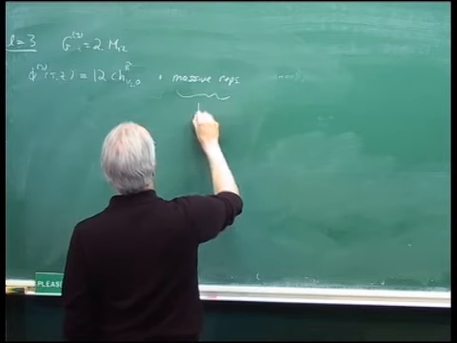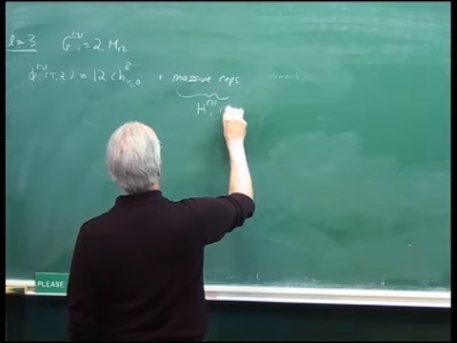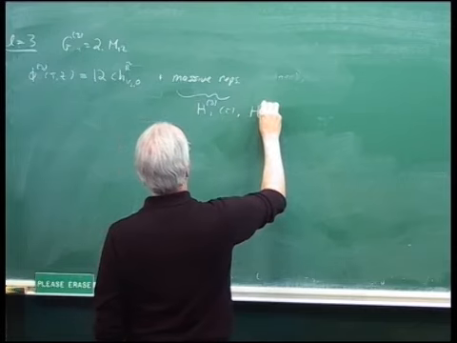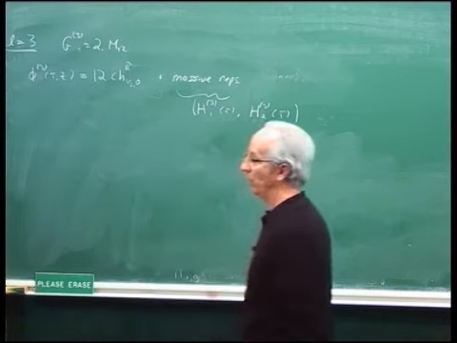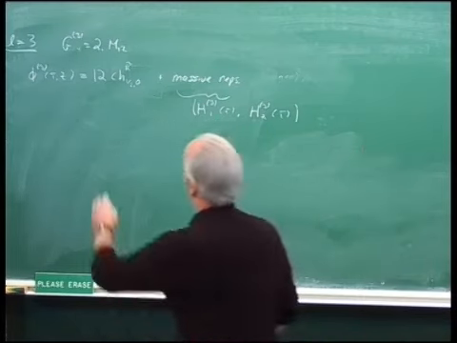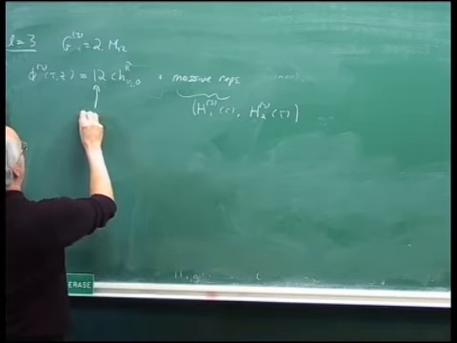And these led to the guys that I called H3,1 of tau and H3,2 of tau that I wrote down before lunch. Now, in the K3M24 case, this number is 24.